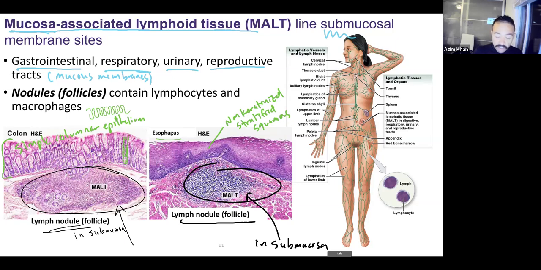Here it's darker because you have a bunch of lymphocytes in these lymph nodules. So this is going to be a common theme for these secondary lymphoid tissues. You see lymph nodules full of lymphocytes, as well as macrophages. Both are super helpful in filtering out any pathogens that come by.